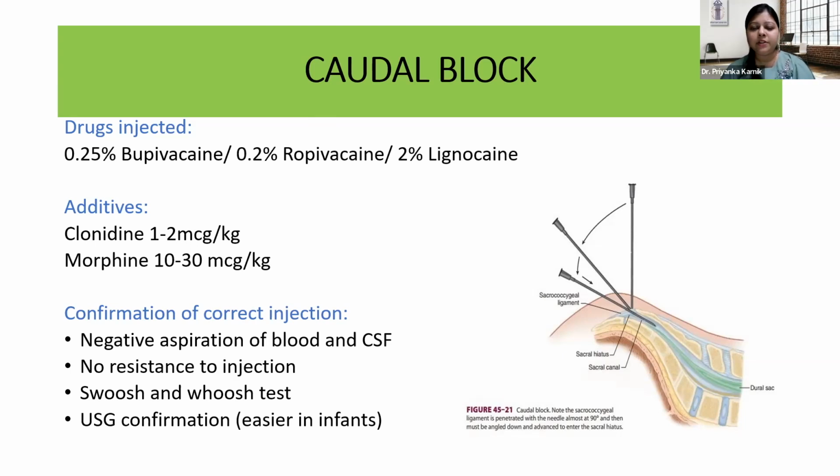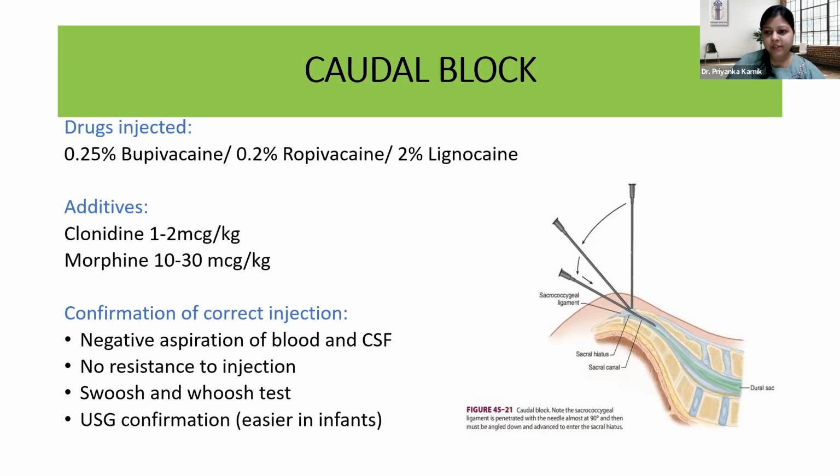But because there were chances of hemodynamic instability and because there was patchy analgesia, this was converted to the swoosh test, wherein instead of air, the drug itself was injected and the swoosh of the drug was auscultated proximal to the site of injection. So now we routinely don't practice the whoosh or swoosh test.